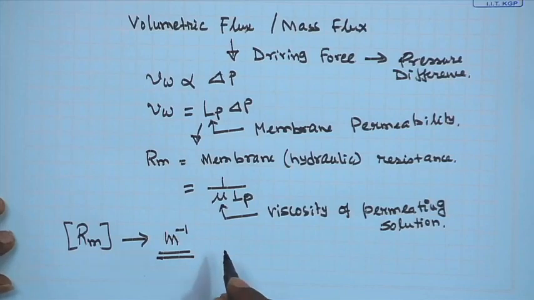Okay. So, in case of membrane based processes, under normal conditions, we have the volumetric flux or the mass flux as the result, and the pressure gradient as the driving force, with the proportionality constant given by the membrane permeability.